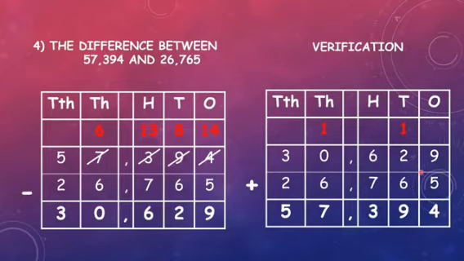So 4 below and 1 gets carried over. 6 plus 2 plus 1 is 9. 6 plus 7 is 13. 3 here and 1 carried. 6 plus 1 is 7. 3 plus 2 is 5. So 57,394 happens to be the minuend in the given problem. Hence verified. I hope all of you have understood this, children.